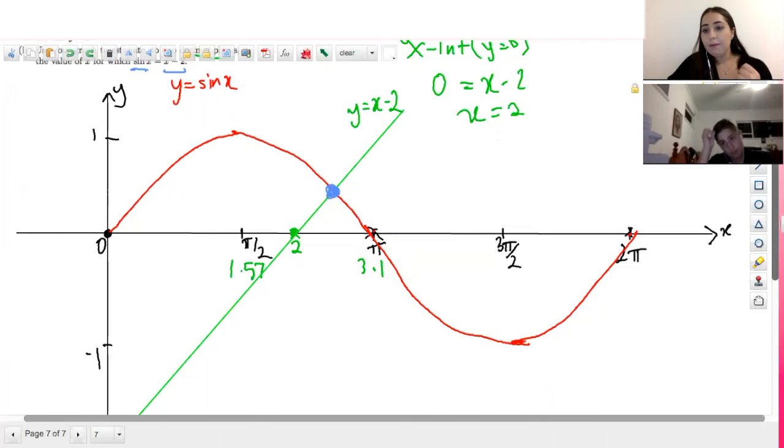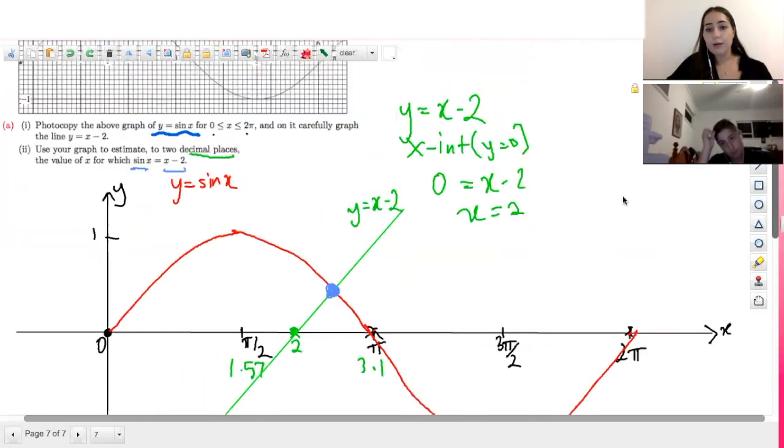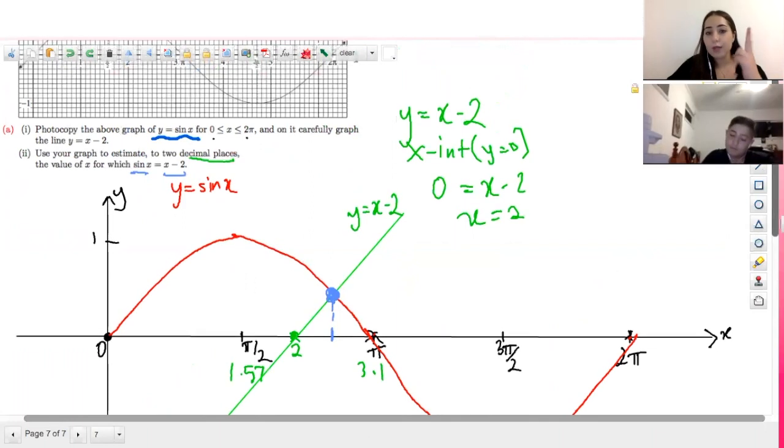But if you reread the question, they want you to find the actual value of x. So what I'm going to do is draw a dotted line down to the x-axis. This is where it intercepts the x-axis. Now you have to approximate to two decimal places.